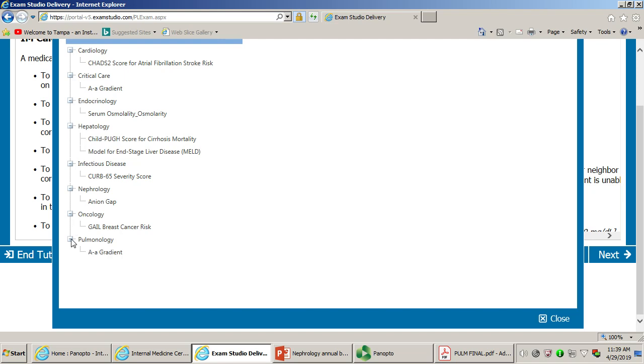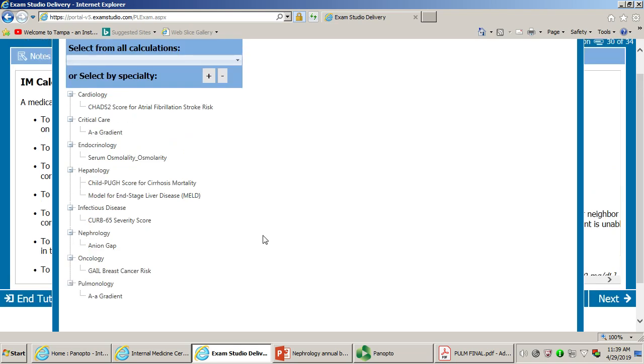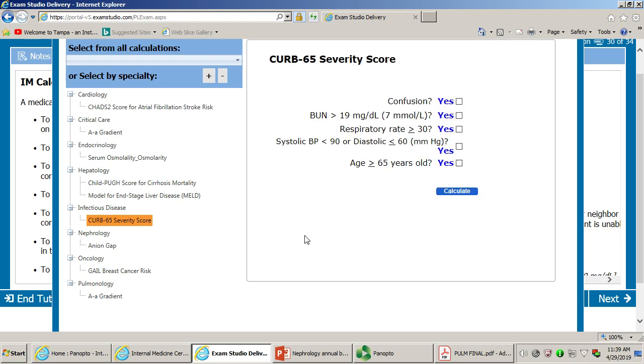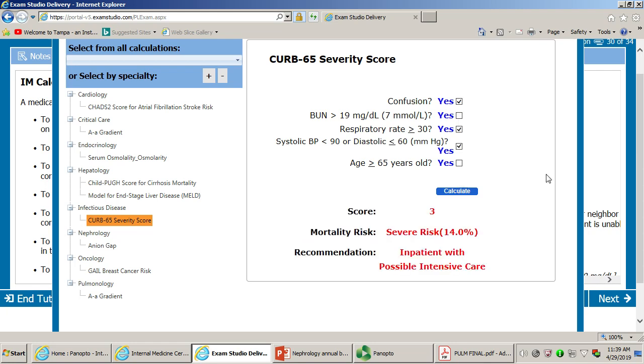So these are all of the calculators that are already given to you on the test. Let's put in some values. Oh, it tells you your recommendations?